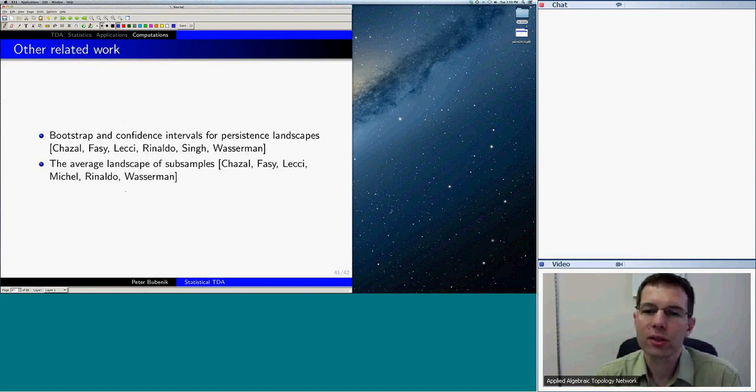This has great potential to be a fantastic topological summary that can be calculated very quickly for very large data sets.